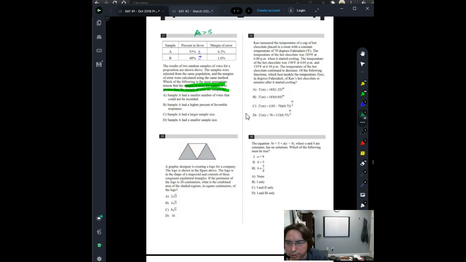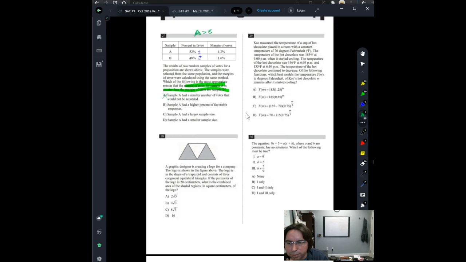Well, we don't know that. That's not really what's going on here. Regarding margin of error, that does not influence margin of error, so it's not A.